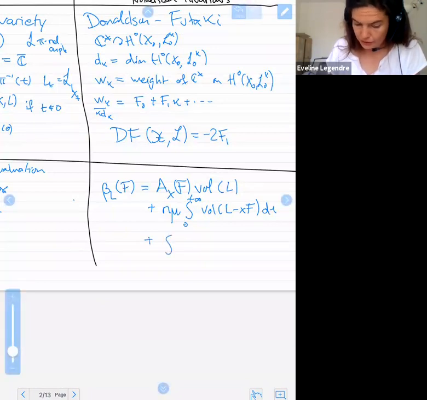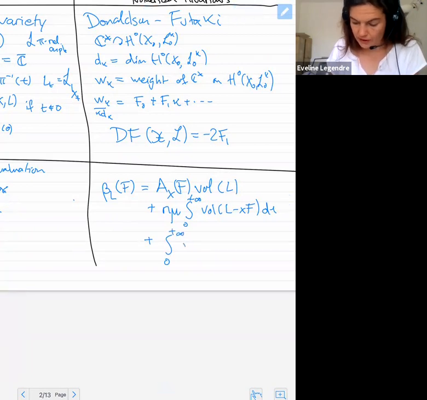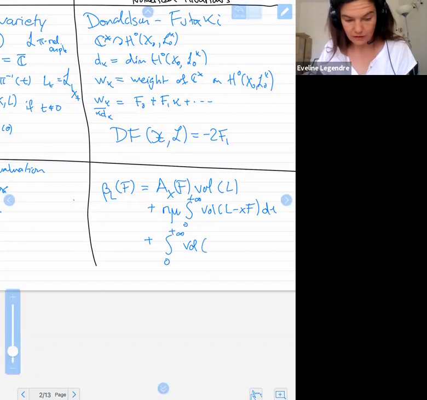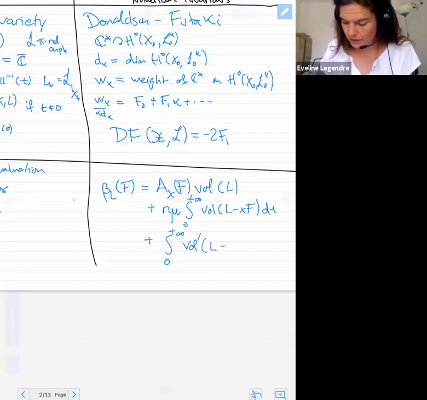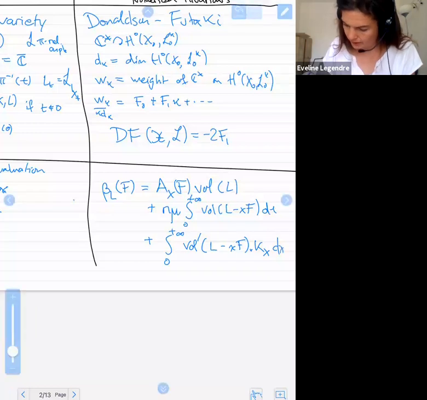And the third term, which actually doesn't appear in the Fujita definition of the invariant in this setting, is the derivative of the volume of that divisor along the canonical divisor.